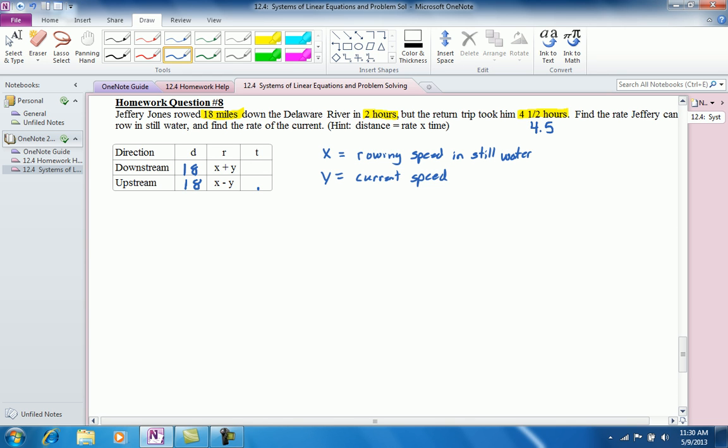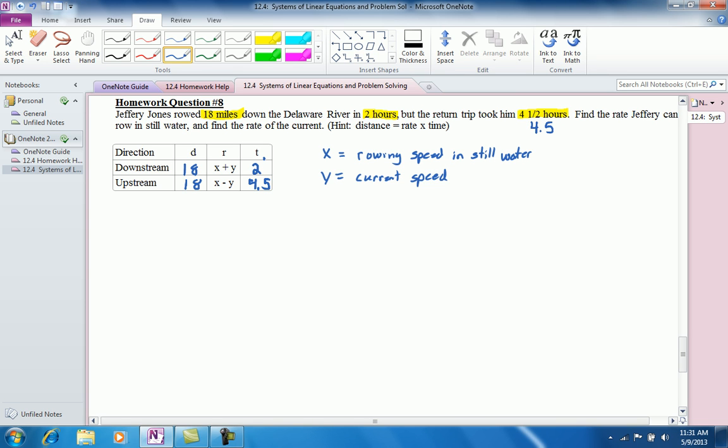So the 2 hours would go here. Similarly, at the upstream, we're subtracting the current speed from the rowing speed. It's x minus y. So if we're going to go slower, it's going to take us longer. So the 4.5 hours will go there. Take a second to make sure you understand why the 2 is where it is and why the 4.5 is where it is.